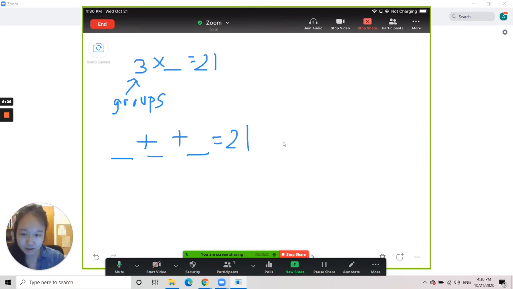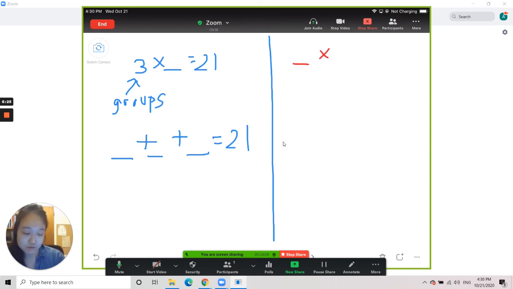Again, like skip counting, I feel like I have to try out different numbers to figure that one out. So I'm going to use the commutative property to use a different equation. The same equation, but just written differently.